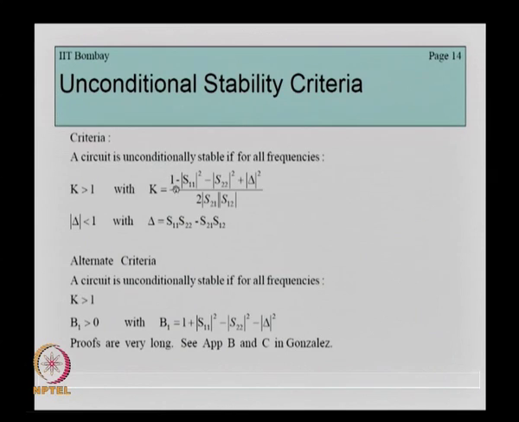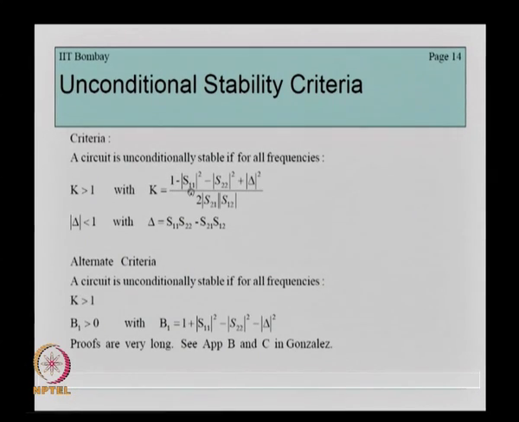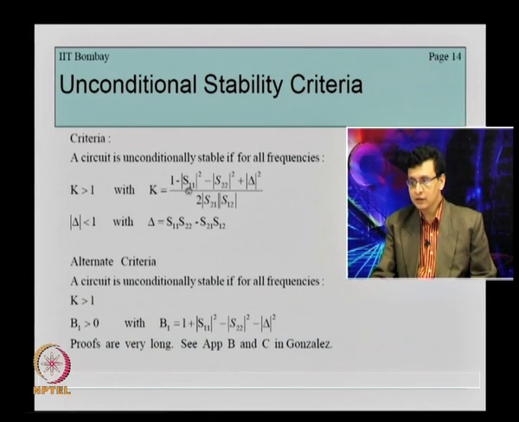mathematically, if you are given the S parameters of an amplifier or a transistor, and you want to know whether it is unconditionally stable, then of course you can find out Zin and Zout like I said in the previous slide. But in terms of the S parameters, there is a specific parameter, this K and delta.